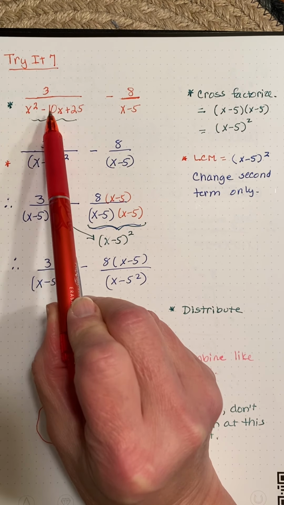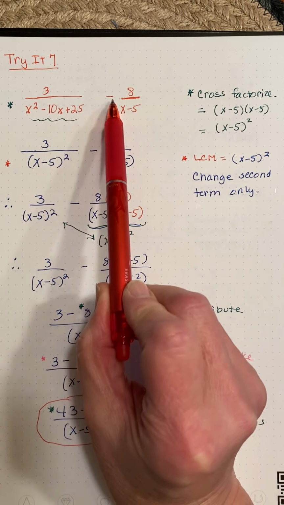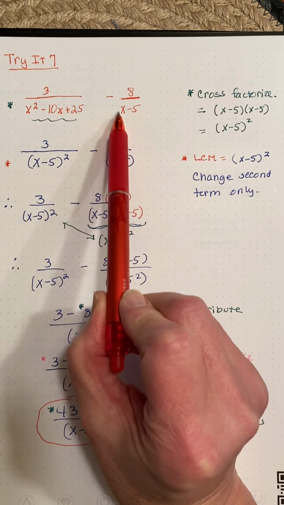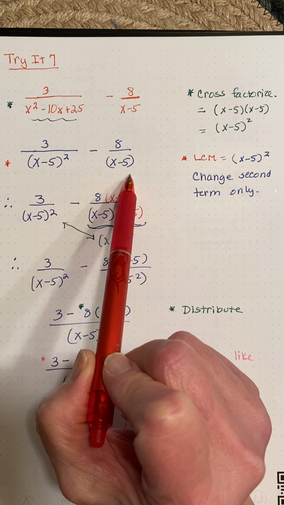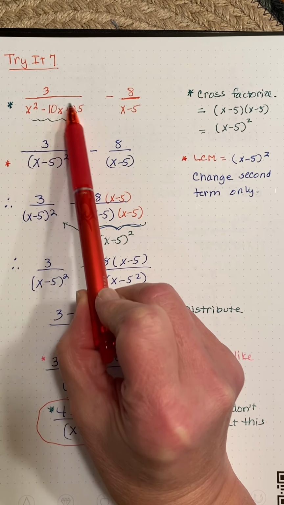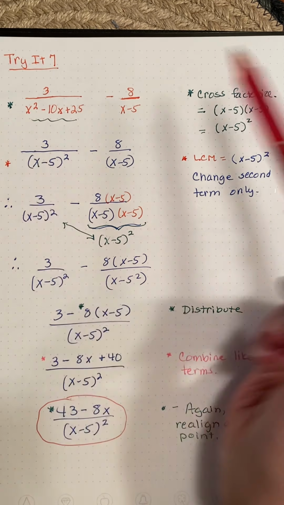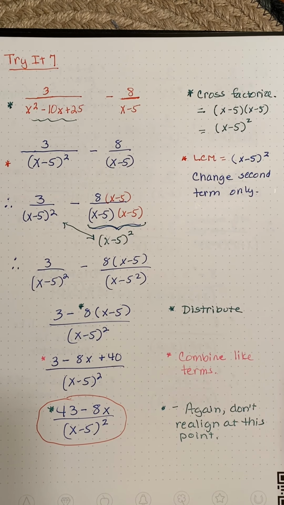So x squared minus 10x plus 25 minus 8 over x minus 5, which is a unit, like I rewrote down here. What I need to do here is cross factorize that. I did not do that off to the side, but if you did, you will end up coming up with x minus 5 times x minus 5, which is simply x minus 5 squared because I'm repeating it.